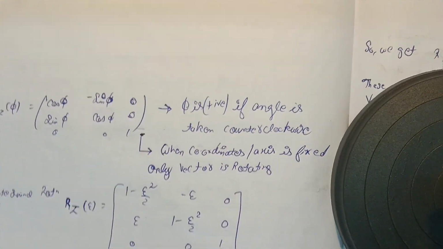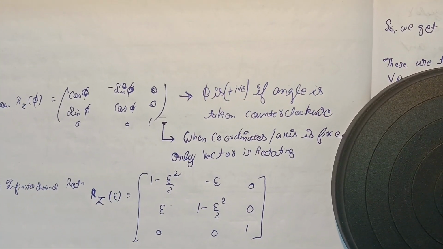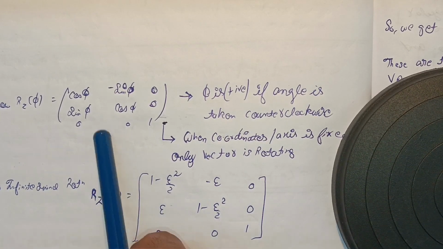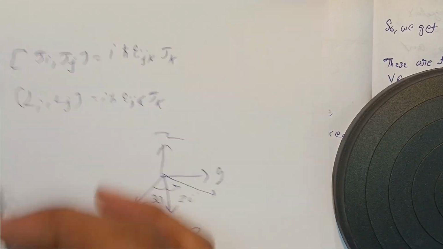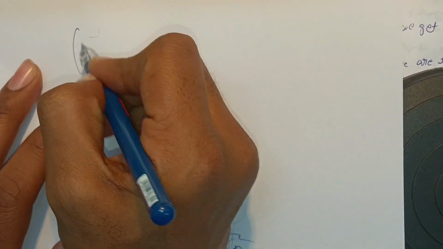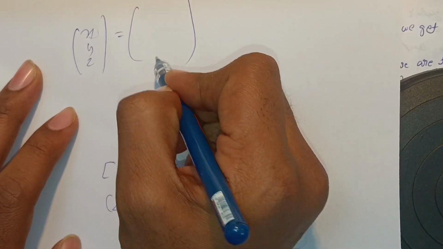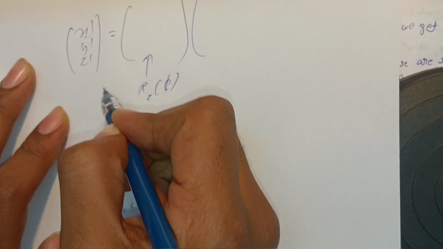Now, do you know what the rotation matrix is for a rotation of a vector about the z-axis by angle phi? We know this is our rotation matrix. You have x y z and a rotation matrix Rz of phi giving x dash y dash z dash.